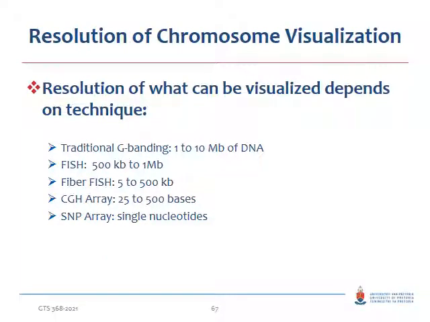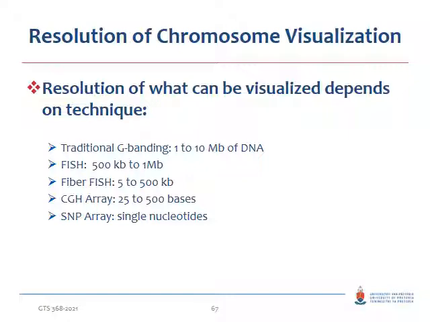The resolution in chromosome visualization will determine the technique. So for G banding, you can pick up 1 to 10 megabases. For FISH, 500 kilobases to 1 megabase. Fiber FISH is a little bit more sensitive, at 5 to 500 kilobases.